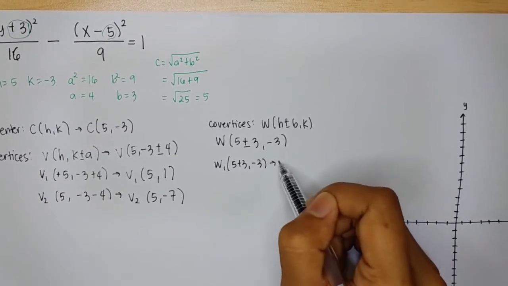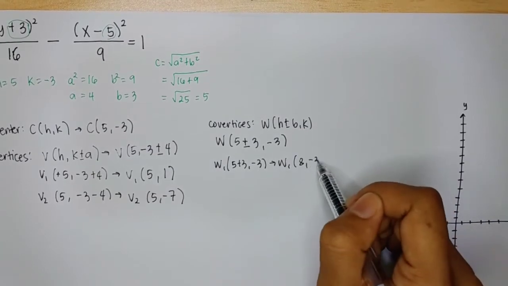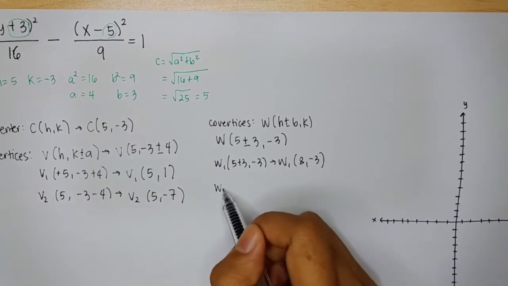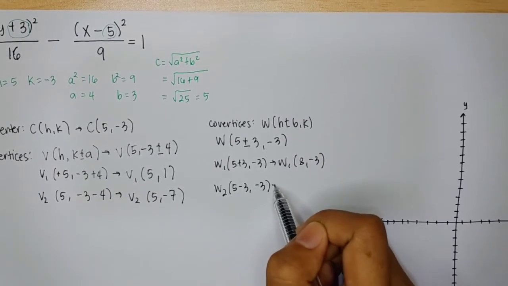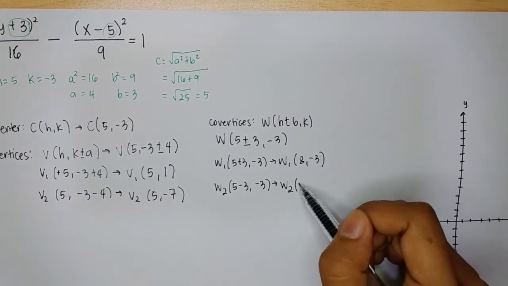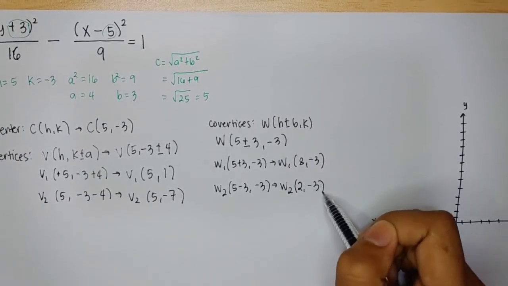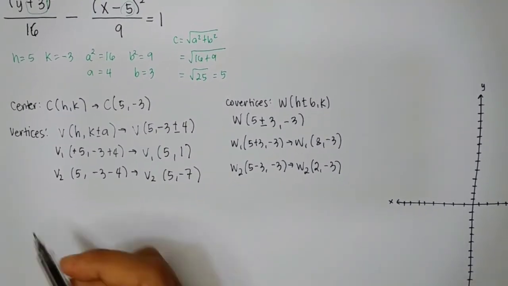So, this is 5 plus 3 is 8. Then, copy negative 3. Yung sa W2 natin, we have 5 minus 3, negative 3. 5 minus 3 is 2. Copy negative 3.